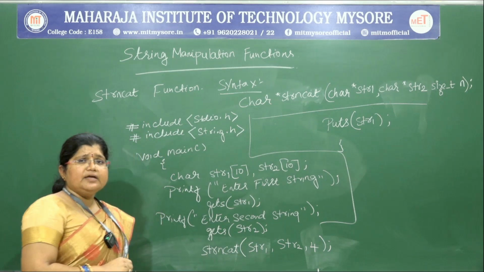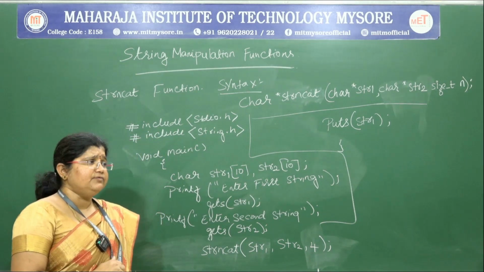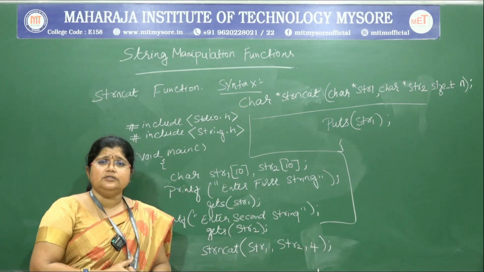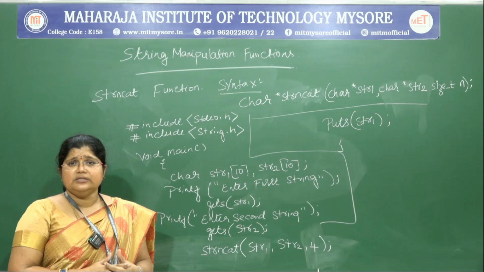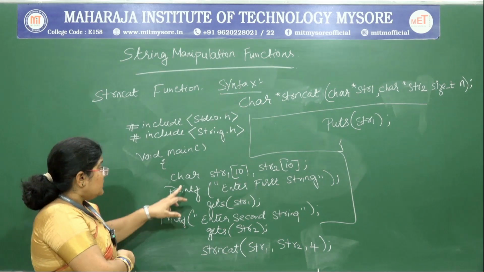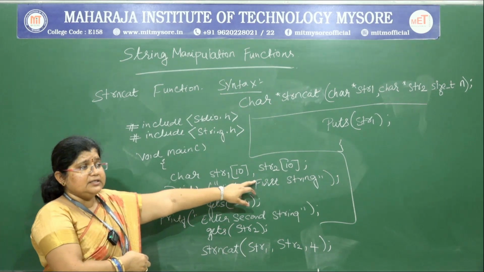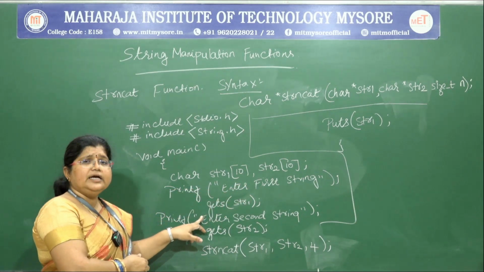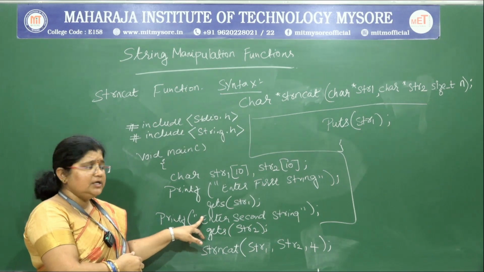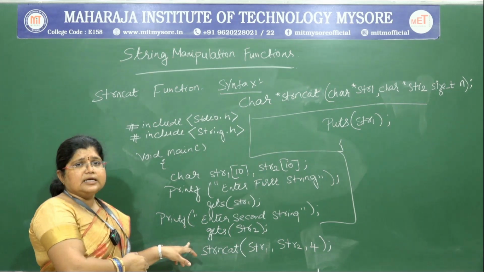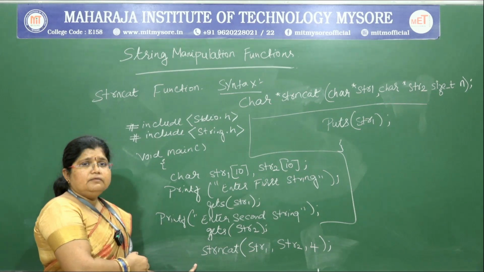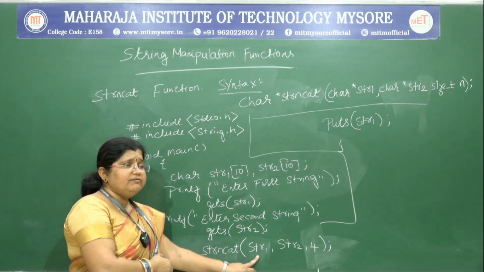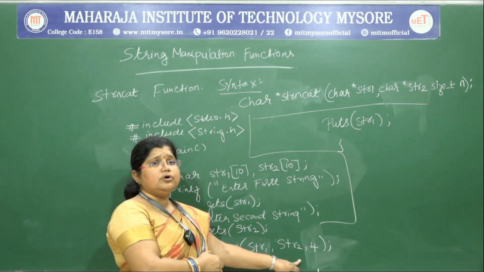With the example we can easily understand what is happening in this function. As usual we consider two character strings, str1 and str2. printf, enter the first string. By using the gets function we enter the first string. Next enter the second string. Next we perform strncat(str1, str2, 4).